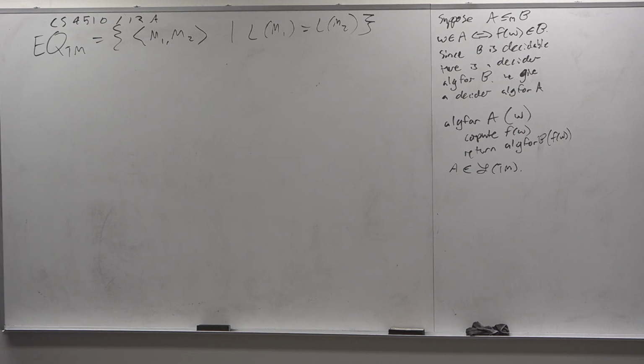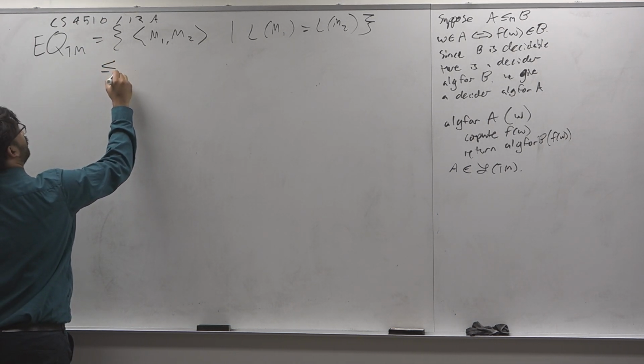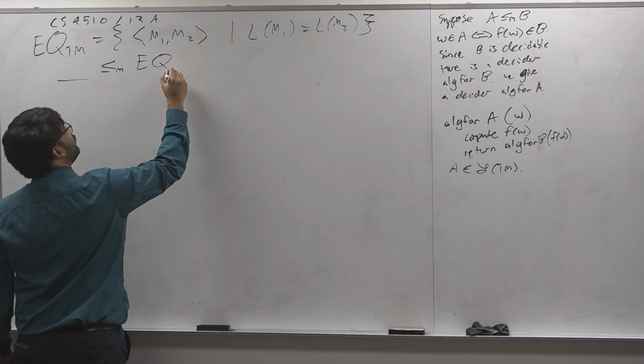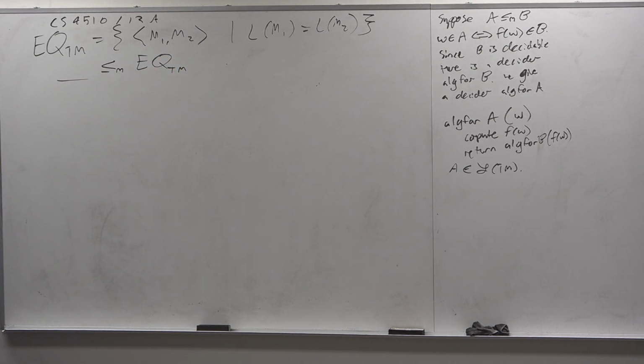Why is such a language undecidable? We want to prove a reduction, in fact. There's a few things we could put over here, but what's a good idea to put there? Halt. Yeah, we'll do that one later, but there's an even simpler answer.